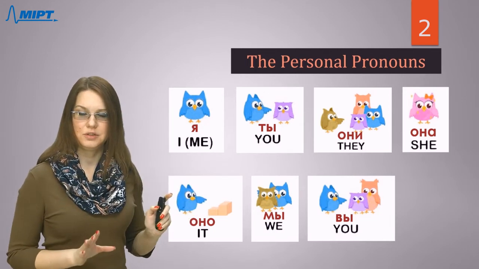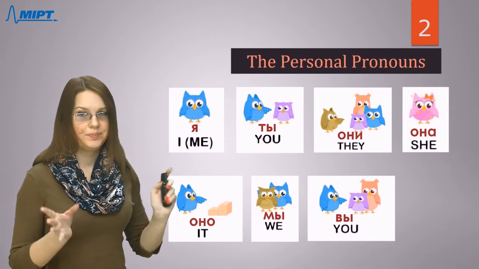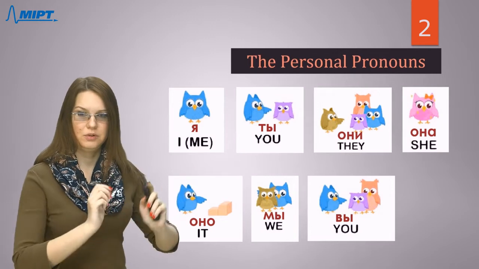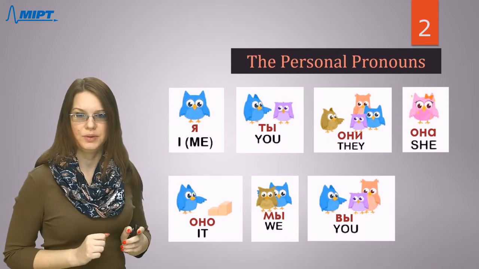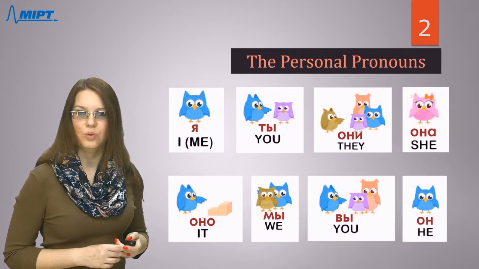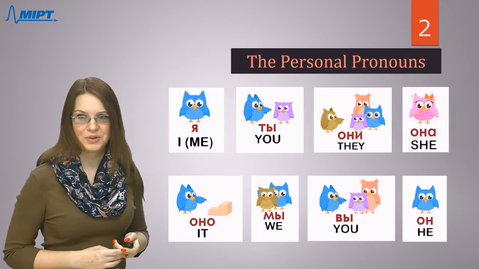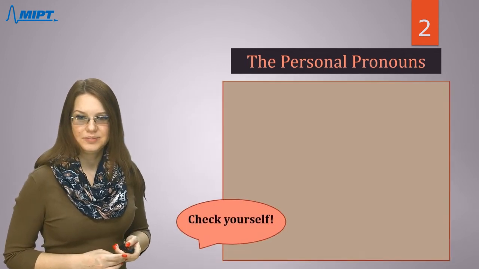I told you it doesn't matter if it is a formal or informal conversation. Anyway, to a group of people, we will say вы. And he means он. You know this word. So that's it.